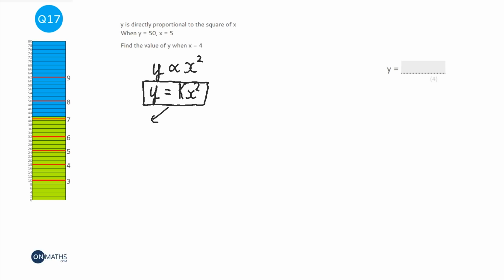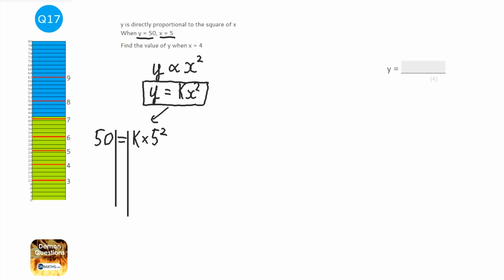Okay, now that's our general formula, but we need to find out what k is. So we're going to go off to the side to find out what k is. And I'm going to put in the values of 50 for y and 5 for x. So 50 equals k times 5 squared. So that's going to be 50 equals 25k.